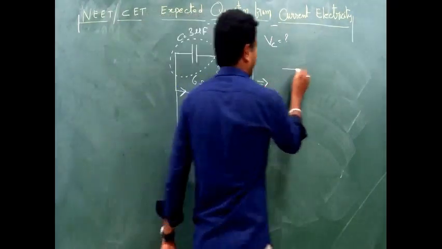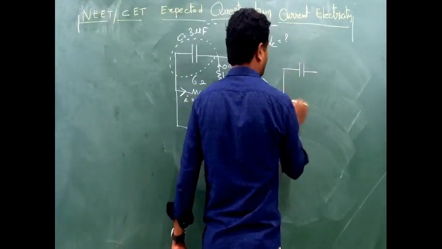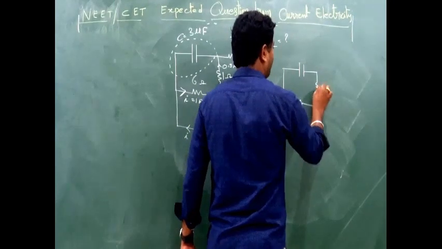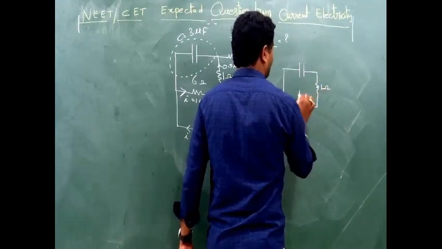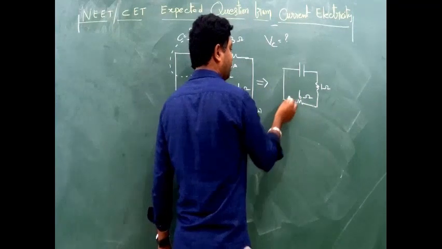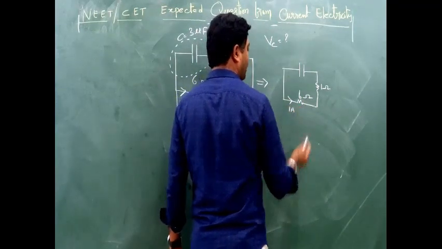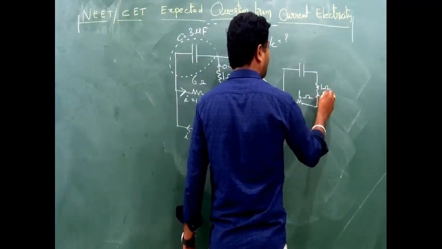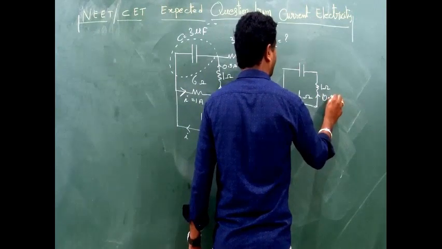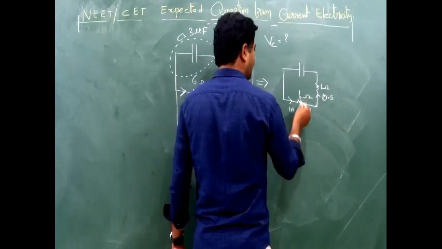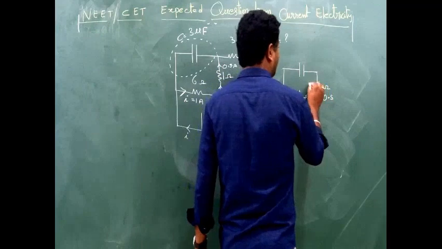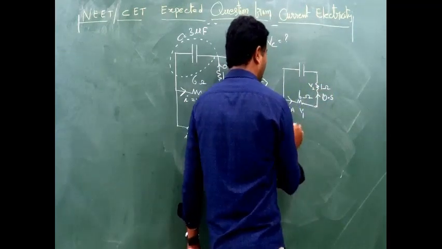Here the capacitor plate is connected between the 6 ohm resistor and the 1 ohm resistor. The current passing through this is equal to 1 amp, while the current passing through this one is equal to 0.5. Let this be V1 and this be V2.